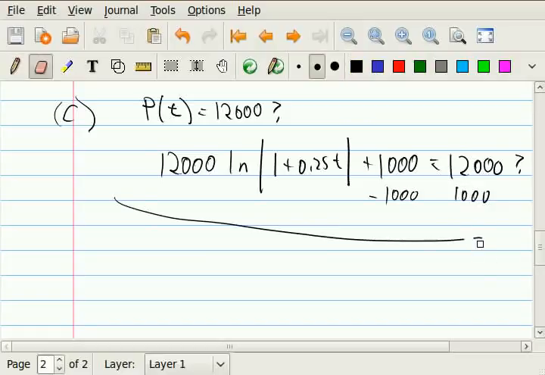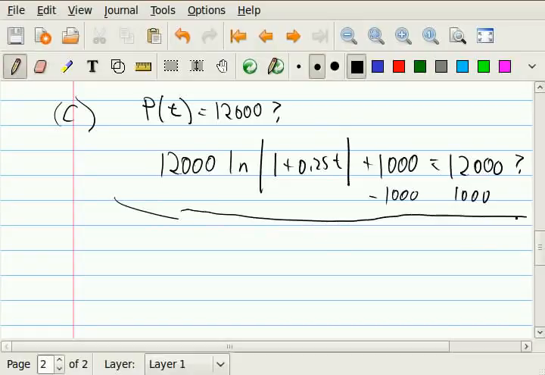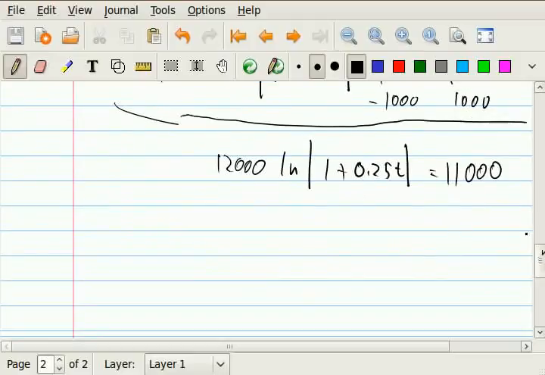I probably have to do better than that line. Okay, so let's try it again. There we go, something like that. So then I get 12,000 natural log of the absolute value of 1 plus 0.25t equals 11,000. To get t by itself, I probably need to divide both sides by 12,000, getting that constant factor to the other side.